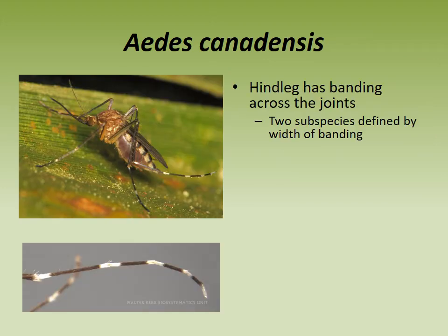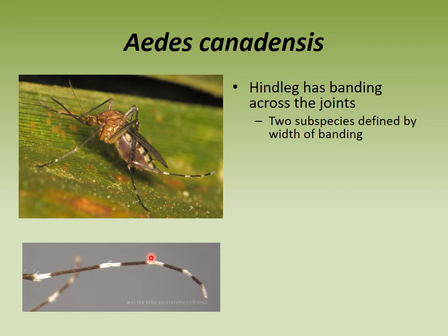One of the big determinations of canadensis is the hind leg banding, and it is going to be going across the joints. You can see that happening here, where we've got the joint right in the center, and the banding is on the apical side and the basal side.